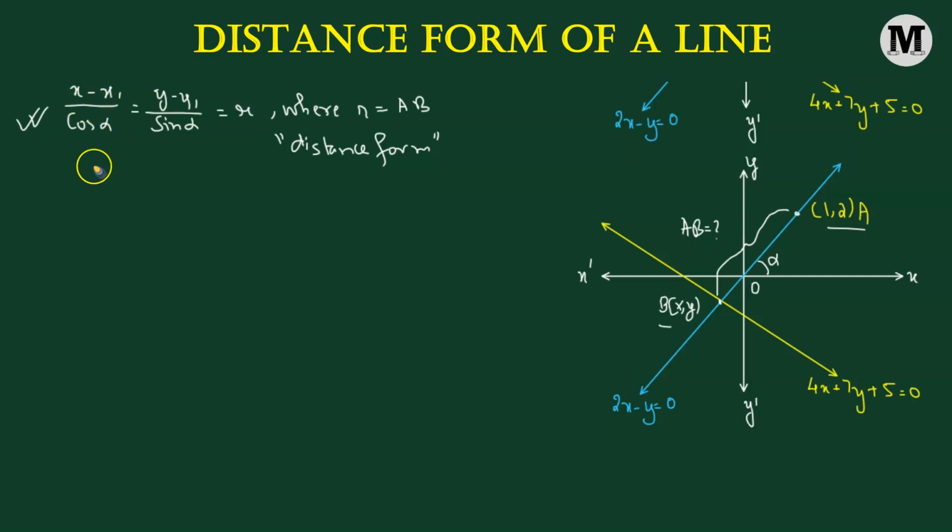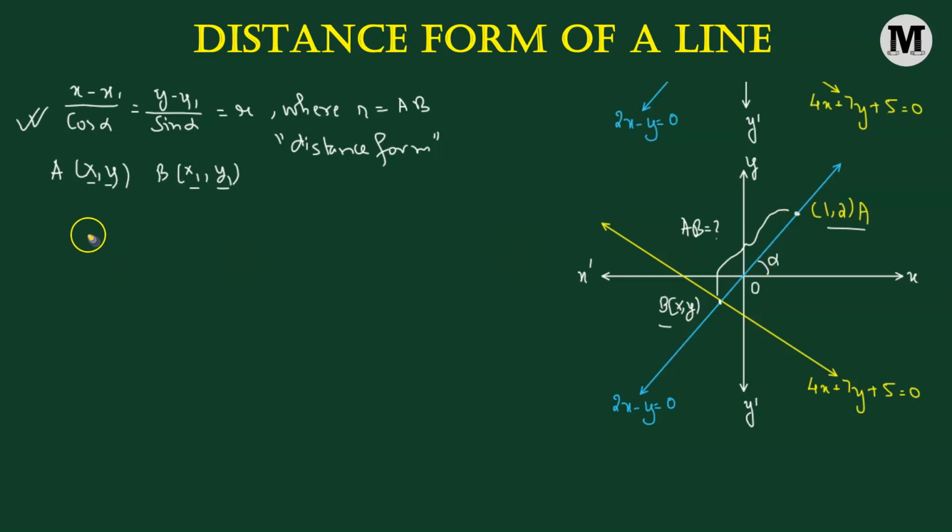The assumption is that if we have the points (x, y) and (x1, y1), the coordinates of point A, both the x and the y coordinate, must be greater than the x and y coordinates of B. As we can see here, the x and y coordinates of A are greater than those of B, because A lies to the right of B.